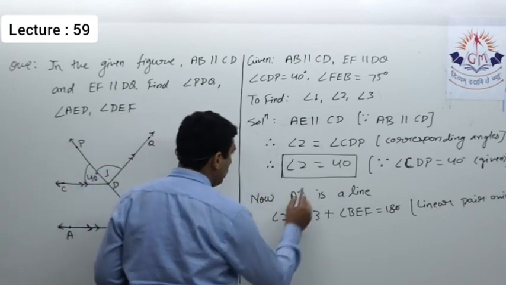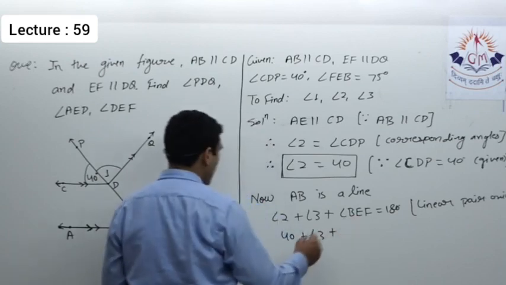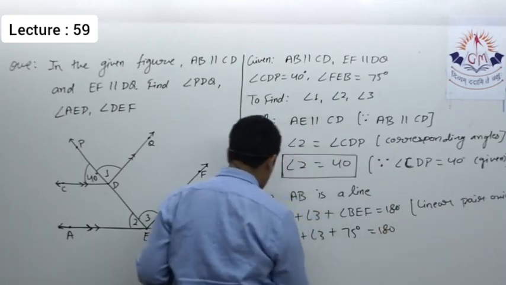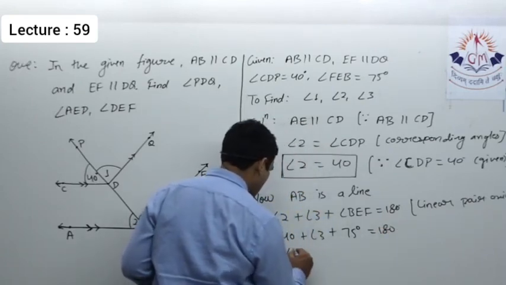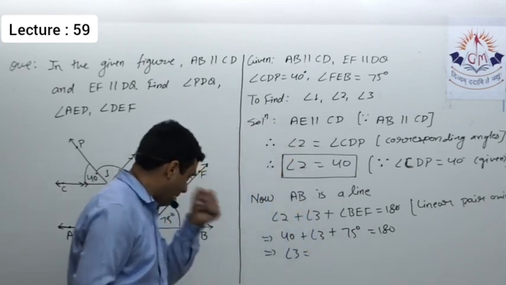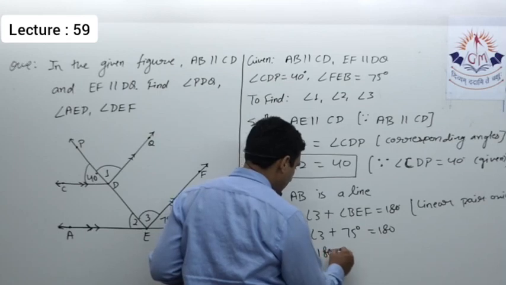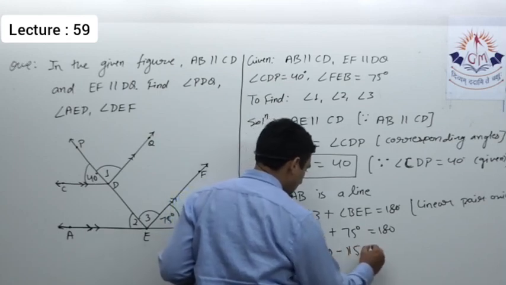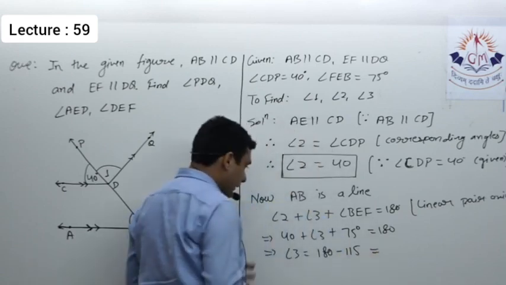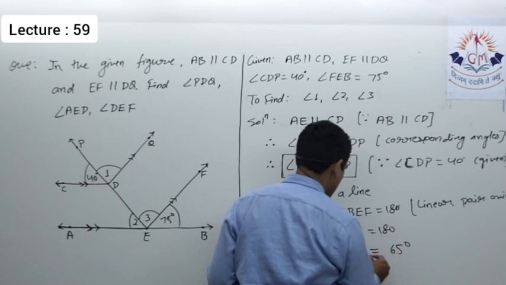So now angle 2 is 40 degrees. Angle 3 we have to find, and angle BEF is 75 degrees. So here I can say angle 3 is equal to 180 minus (75 plus 40), which is 115. 180 minus this 115, so ultimately angle 3 is equal to 65 degrees.